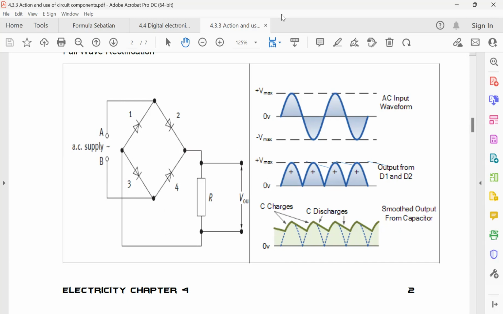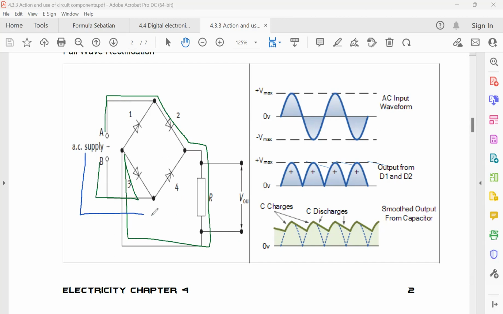The flow of current will be like this for the first one, and the second one will be like this. It's alternating current, bro.